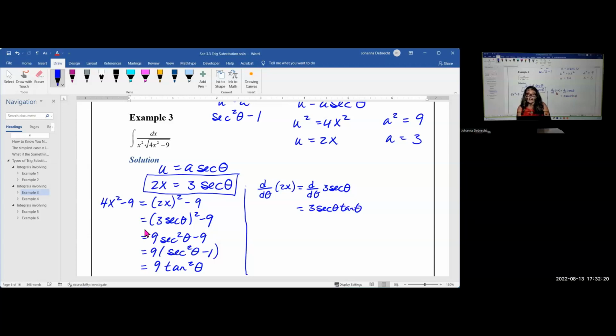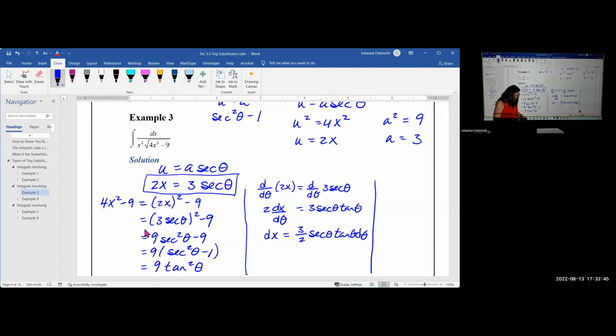And the derivative of 2x with respect to theta is 2 dx d theta. Abuse the notation and swing the d theta around, and at the same time swing that 2 into the denominator. So I get 3 halves secant of theta tangent of theta d theta. That is going to replace my differential dx.